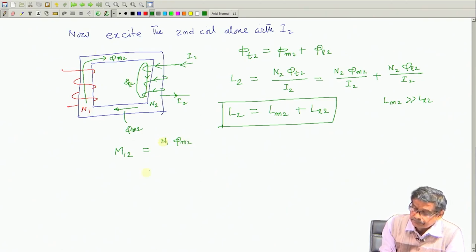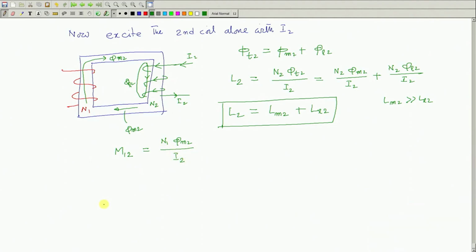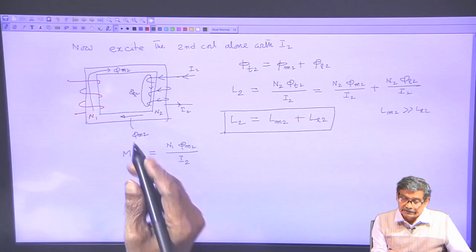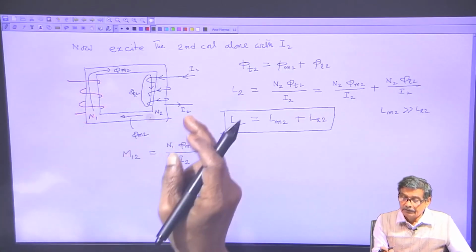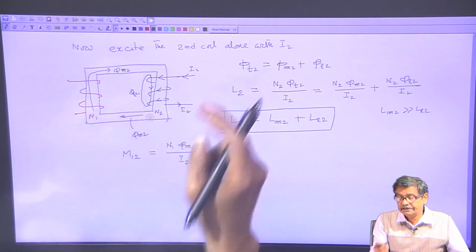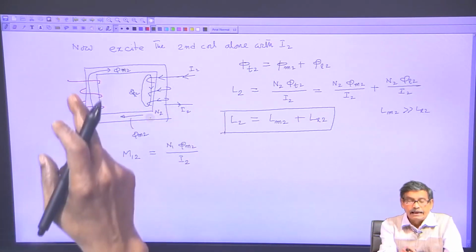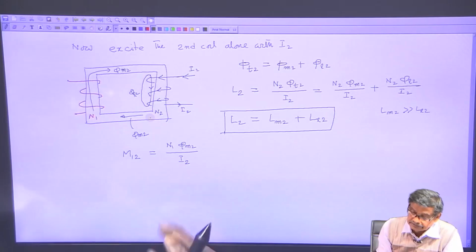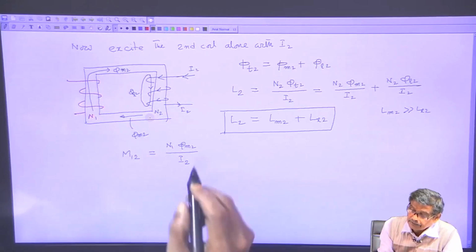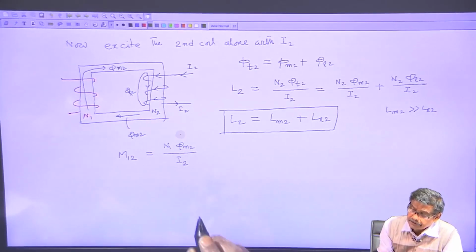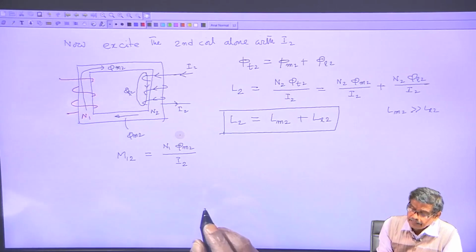So, N1 phi m2 for 1 ampere current in the second coil, that is I2. That will be the mutual inductance when the second coil carries current. Here I have not assumed any current carried by the first coil. So, this will be the situation.